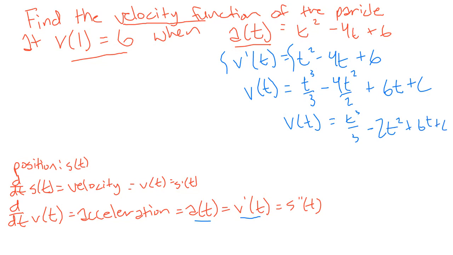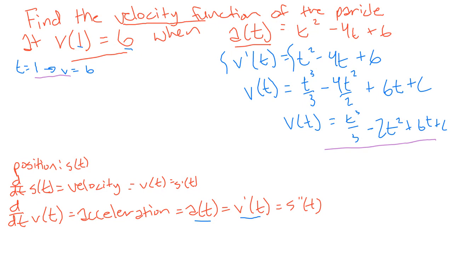Well, we have this point right here, which says v of 1 equals 6. So what they are saying is that at t equals 1, v equals 6. So we can plug this back into our general solution.